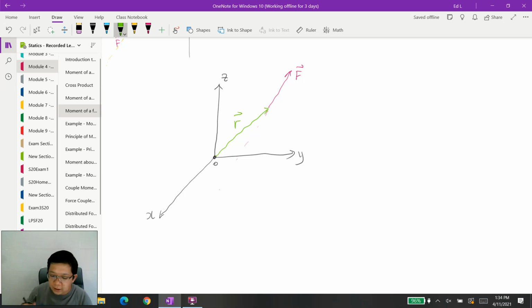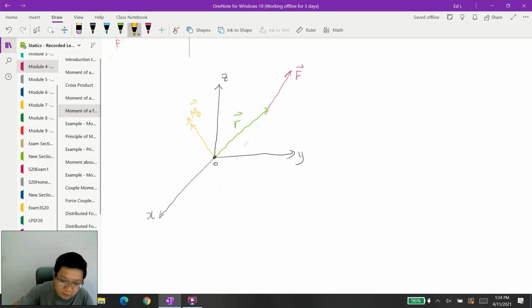Okay, and then we already know that the moment, which is R cross F, is perpendicular to the plane in which R and F are located.